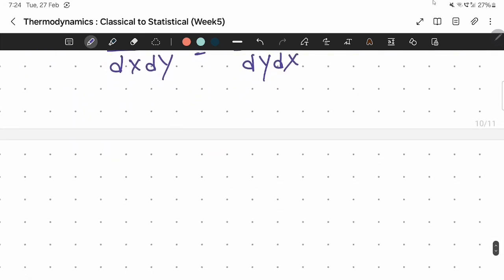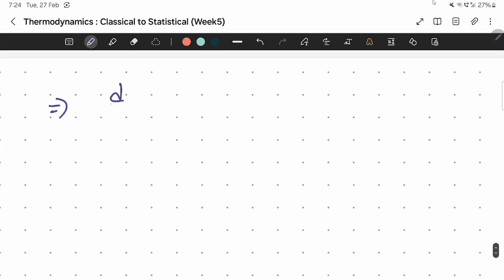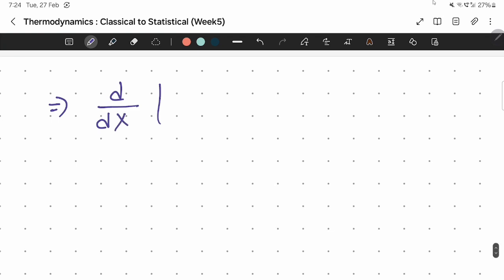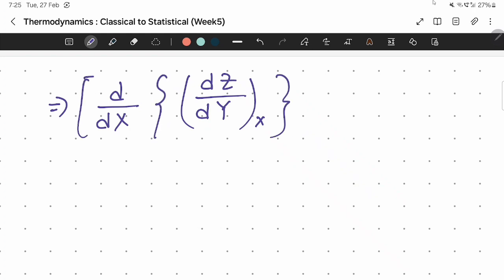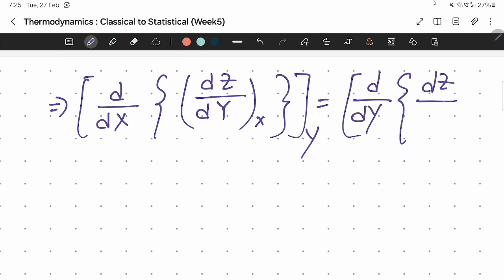So if you write it explicitly, it means del/del x of del z/del y at constant x equals del/del y of this.